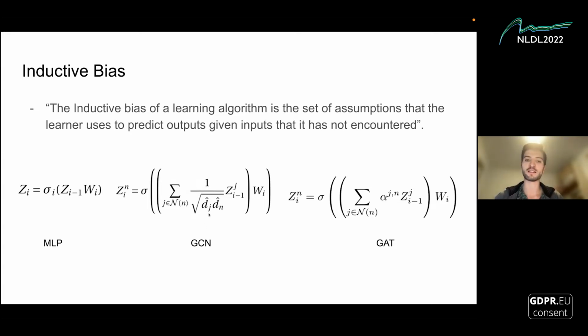In the GCN, this is a fixed weighting of your neighbors, and the weighting is based on these d hats, which come from the degree of the node, how many edges are connected to it. So a node with more edges would have a higher weight.